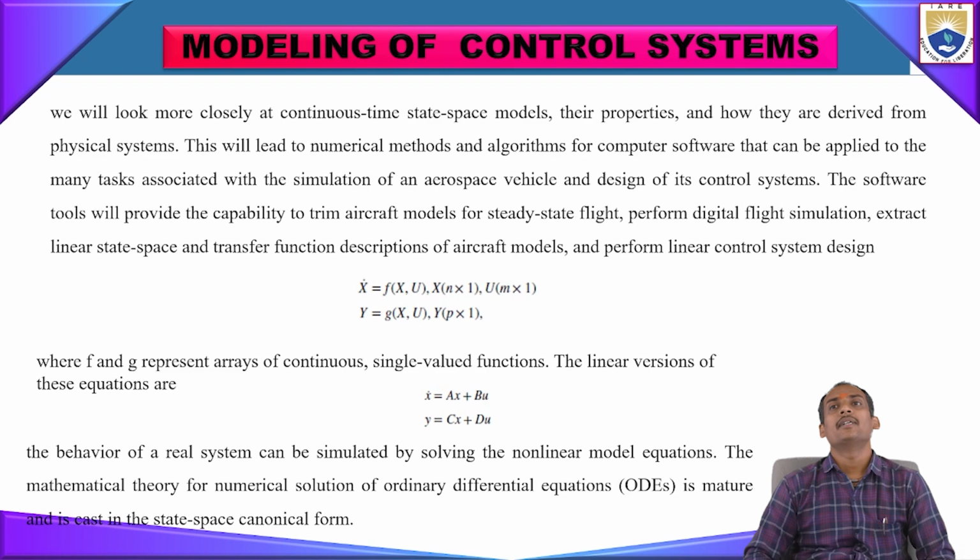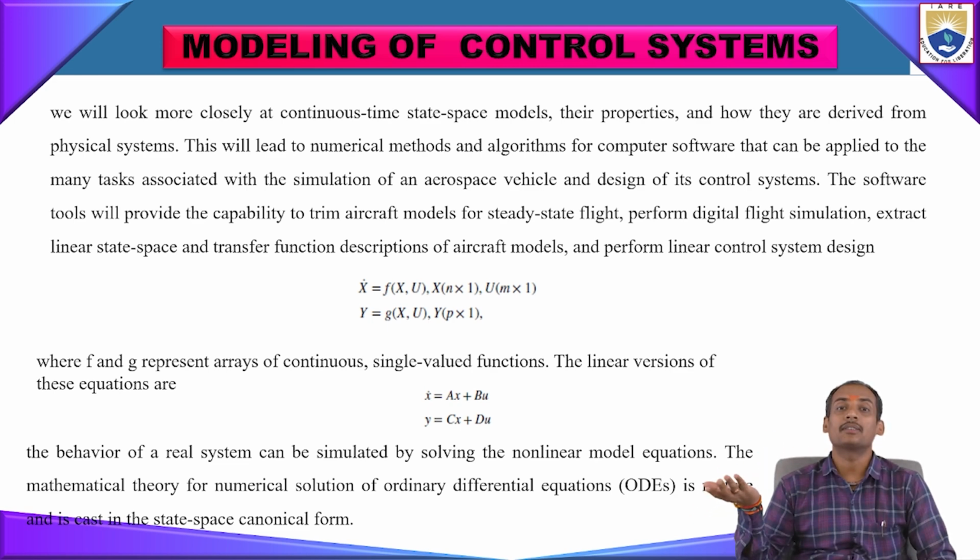To perform the control system design, we need to mathematically design the system, and after the design is mathematically approved, it goes to the computer system, which is the secondary case.